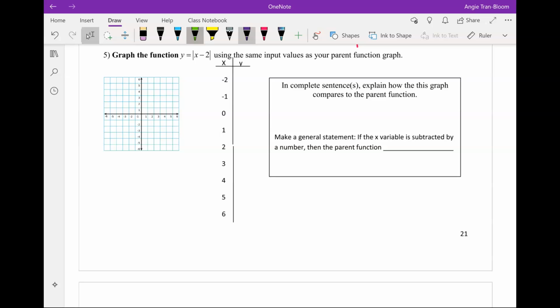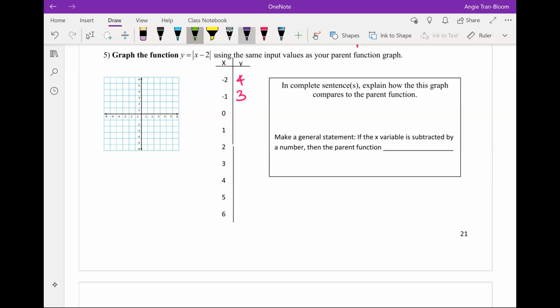Miss Sophia H., can you give me all of those outputs? 4, 3, 0, 1, 0. Erase?